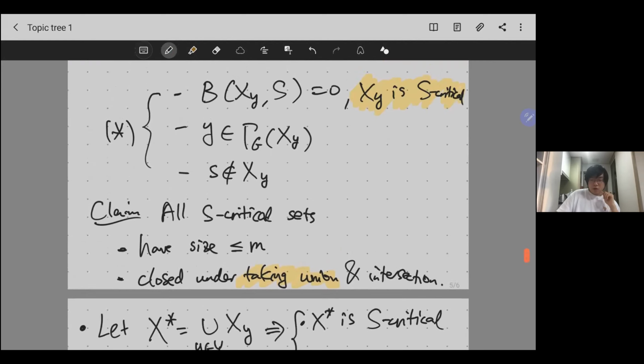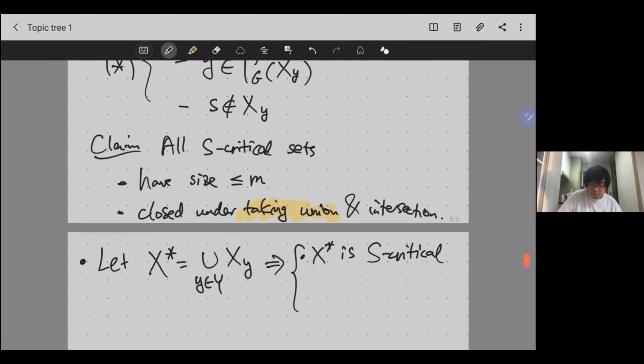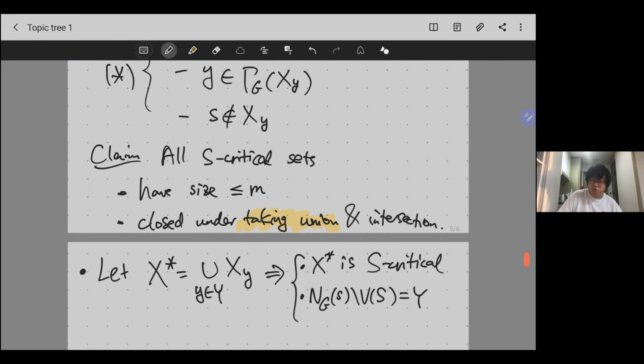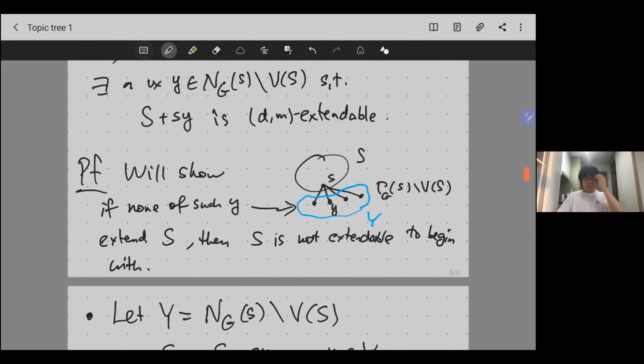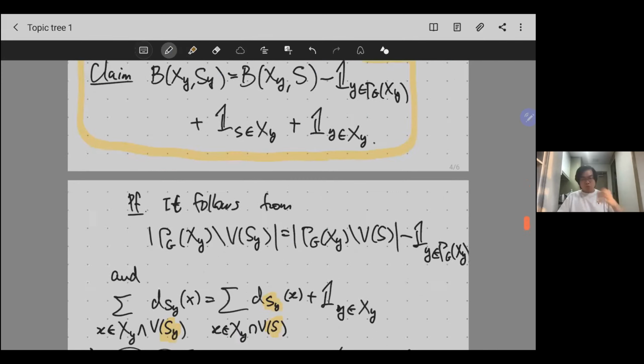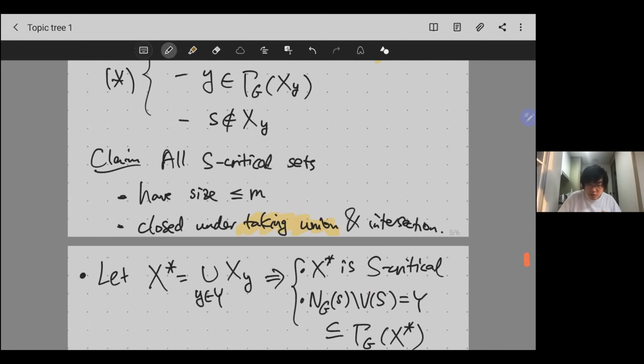Now, let's look at another one I want to write down. If you look at the neighborhood of little s sticking out, which is our set Y, recall, this is the blue set Y that we defined. It must be a subset of the neighborhood of X star. This follows from this.